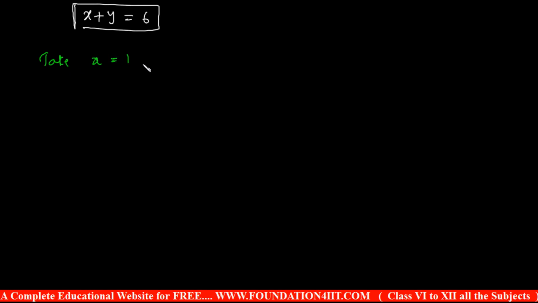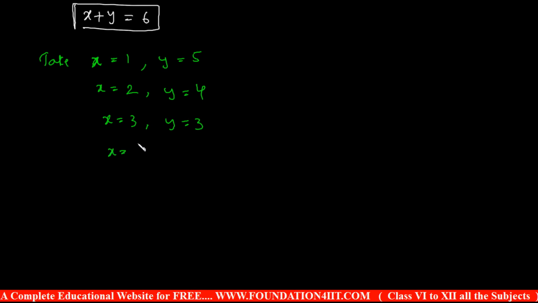When x is equal to 1, can we find y? Because 1 plus y is equal to 6, y should be 5 because 1 plus 5 is 6. If you take x is equal to 2, then y is equal to 4 because 2 plus 4 is 6. And when x is equal to 3, y is 3 again.